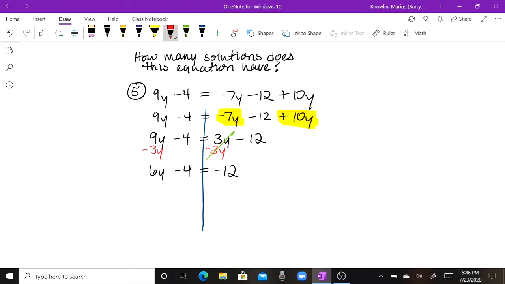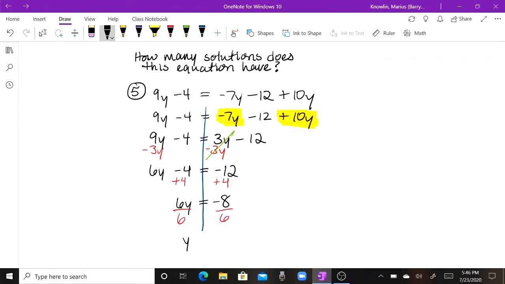Now we have to continue by adding positive 4 to both sides. That's going to give us 6y equals negative 8. And our last step here is going to be to divide both sides by positive 6.